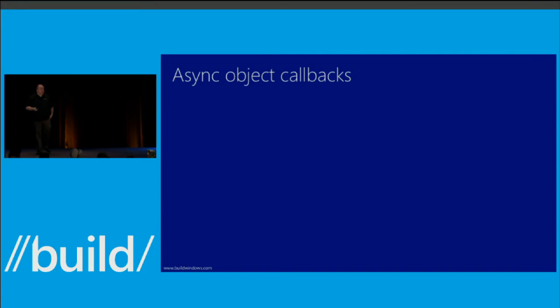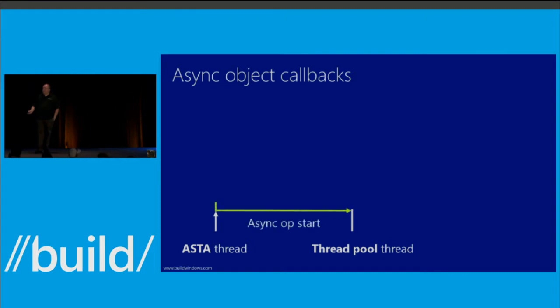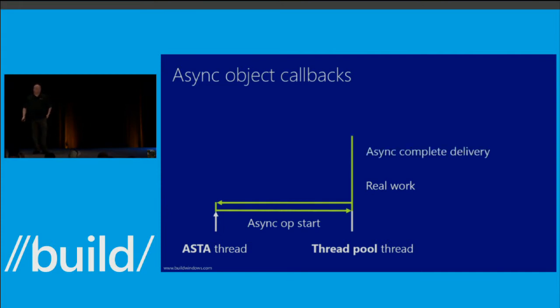OK. So let's first think about the UI thread case. Imagine you have a UI thread and there's some thread pool happening as well. And the UI thread starts an async operation that completes, and that completion means the async operation got started, not that it's finished. And so then real work is done, obviously not by me. And after the real work is done, an async completion is delivered.